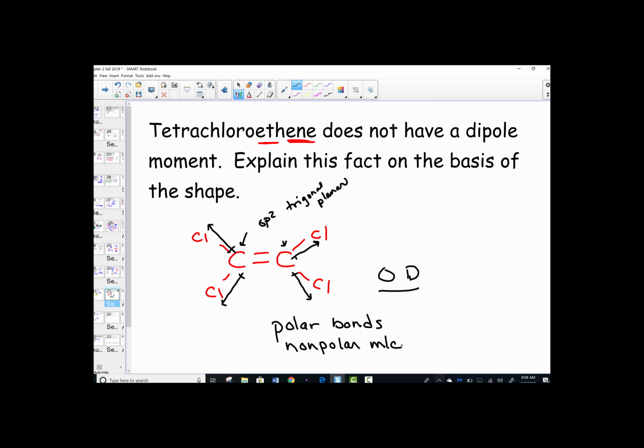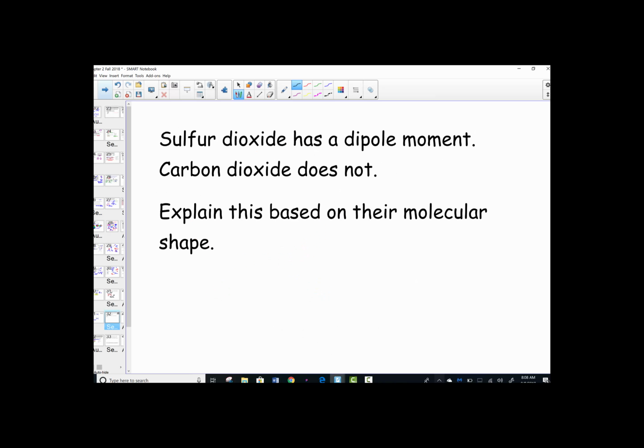Think symmetry to determine the polarity of a molecule. Sulfur dioxide has a dipole moment. Carbon dioxide does not. Based on the molecular structure, tell me why. So remember, carbon and sulfur each contribute a different number of electrons to the structure overall.